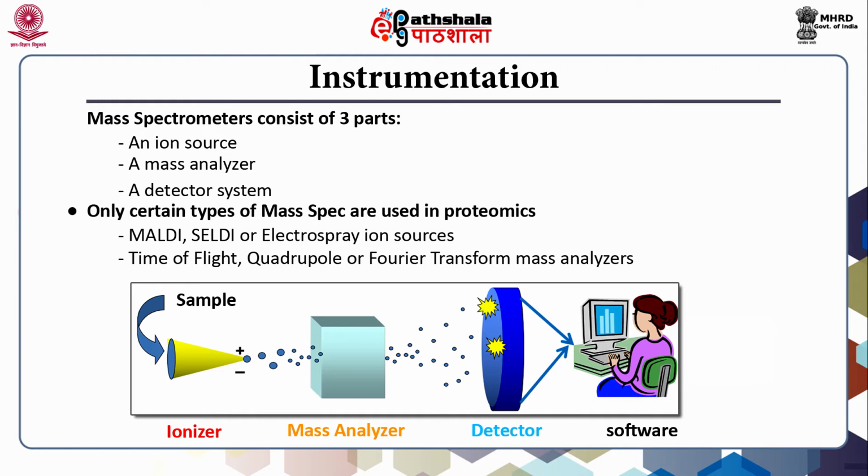After hitting the detector, it gives a signal in the form of a spectrum, and the spectra are captured by the computer and deconvoluted in order to identify these molecules. So, when we are talking of proteins, these proteins will be identified.